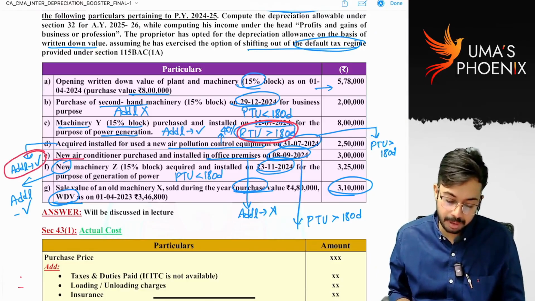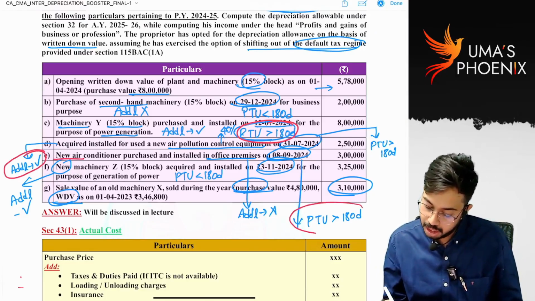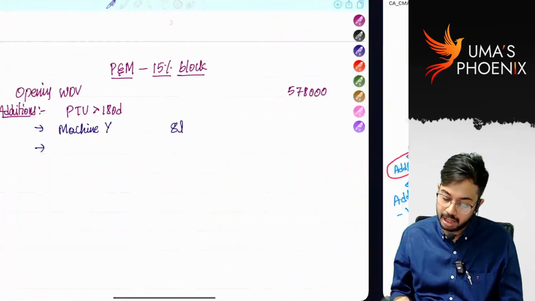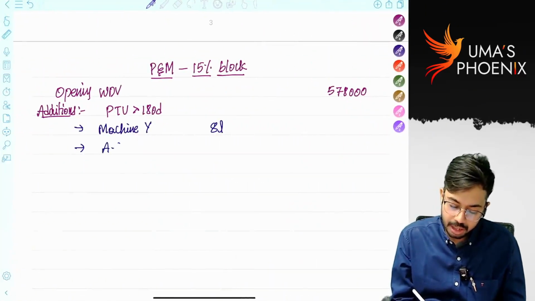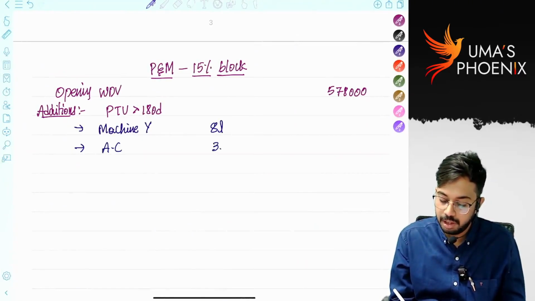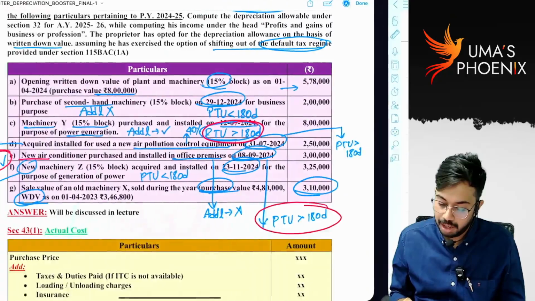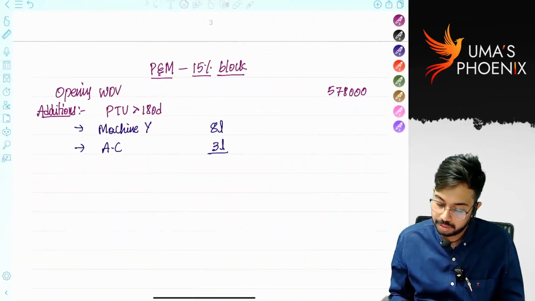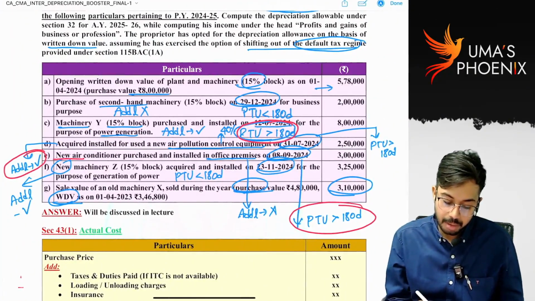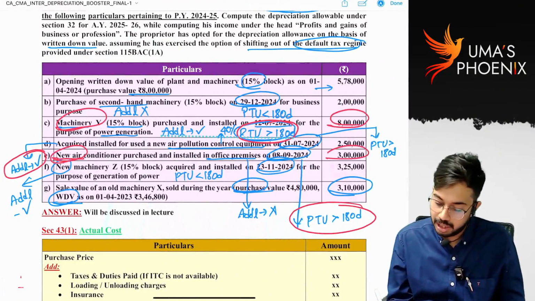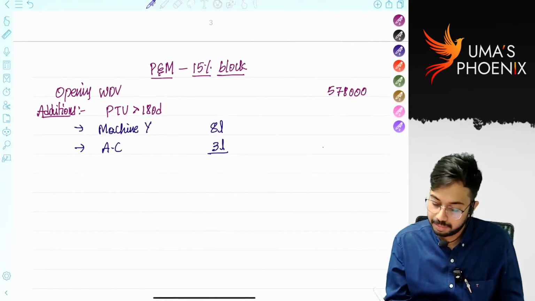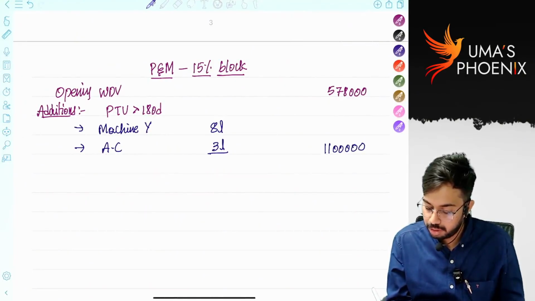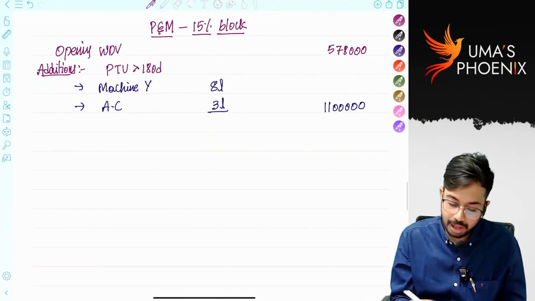That is also eligible for additional depreciation and it is put to use for greater than 180 days. How much air conditioner? 3 lakhs. Machinery 8 lakhs, new air conditioner 3 lakhs, total 11 lakhs.